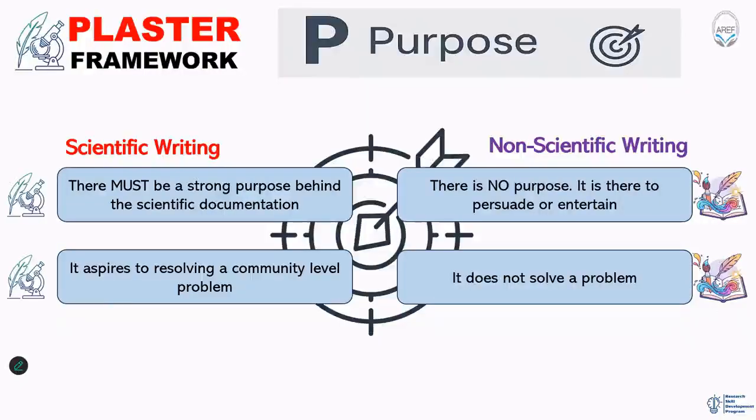Scientific writing aspires to resolve a community-level problem. That's the mindset a researcher develops when they get into any kind of research. They do not do research out of compulsion. There is a burning need to address a problem very effectively. So it is always connected to a community-level problem.